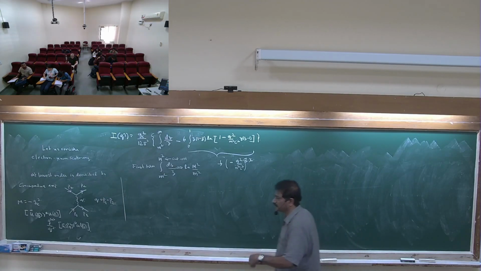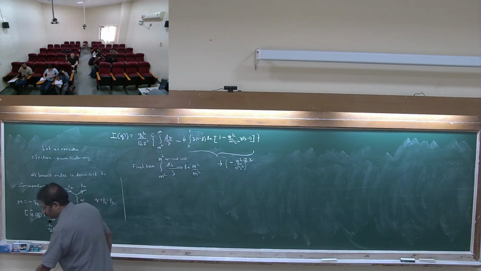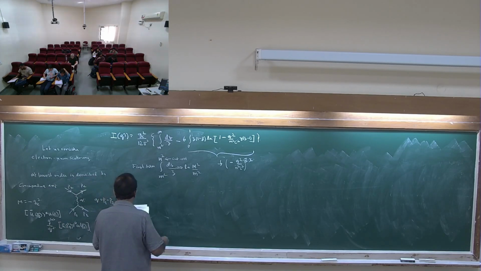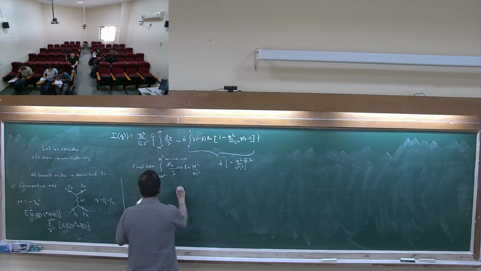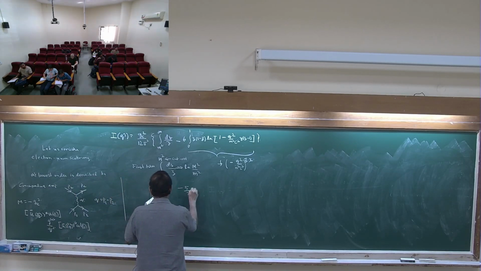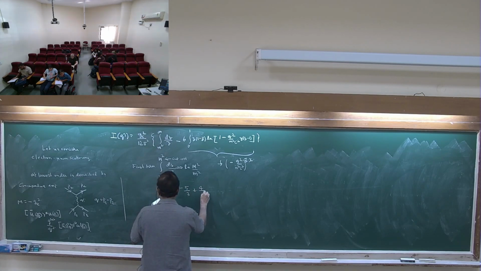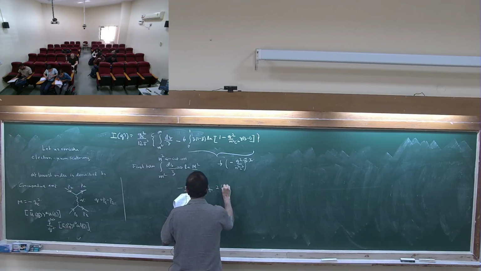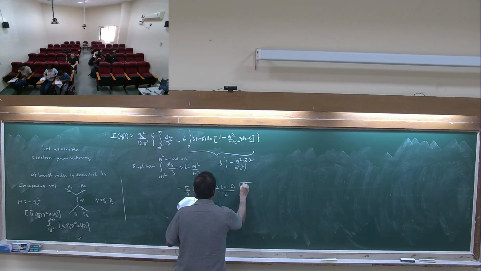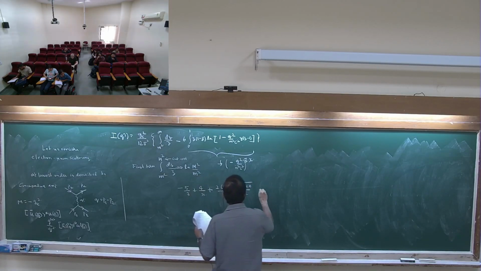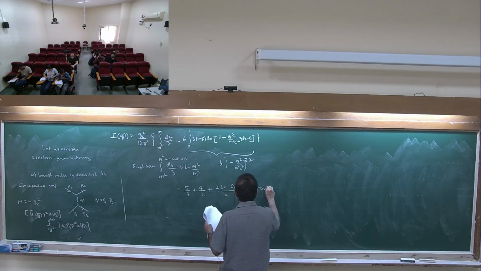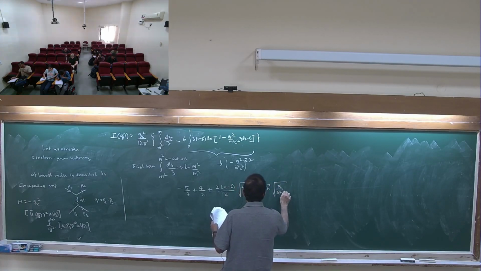So he gets an expression which is basically what I also have: minus 5 by 3 plus 4 by x, without the minus sign, 2 times x minus 2 by x times square root of x plus 4 by x, tanh inverse of square root of x by x plus 4.